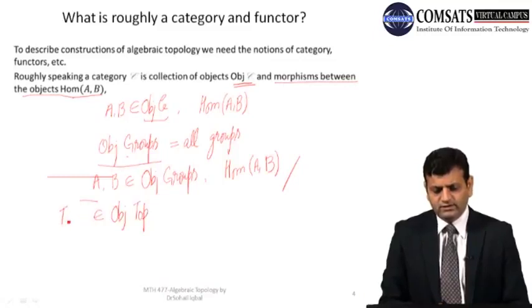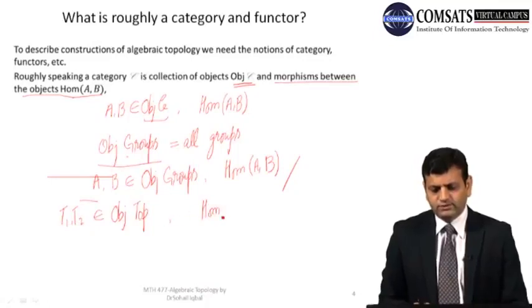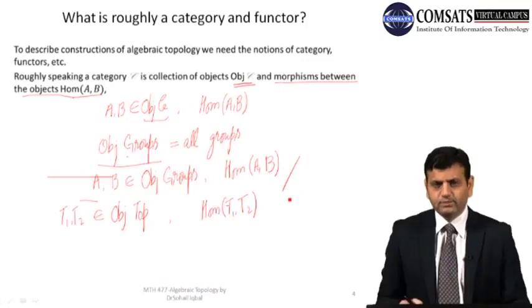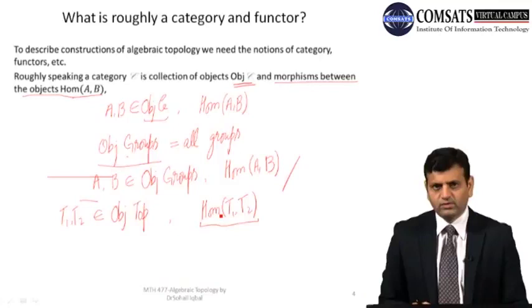Let's say T1 and T2 are two topological spaces, then the set of all morphisms between T1 and T2 is denoted by hom T1 to T2. But when we are considering topological spaces, the morphisms are basically continuous maps. So hom T1 to T2 is the set of all continuous functions from T1 to T2.